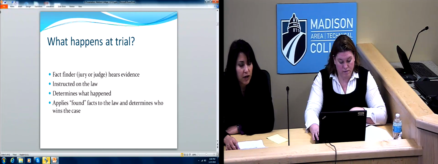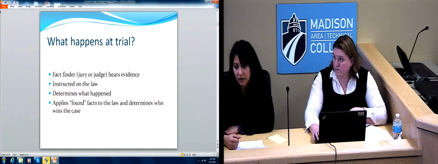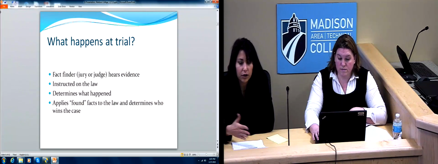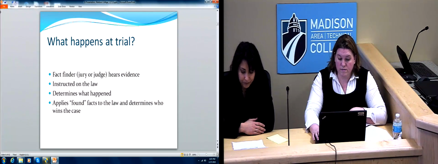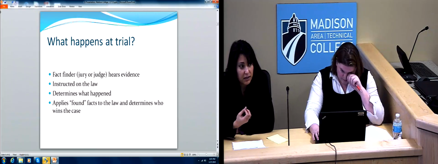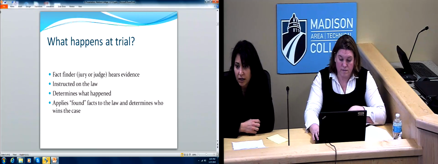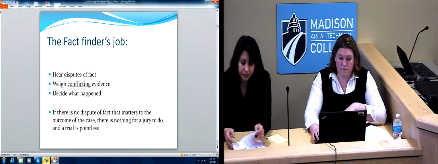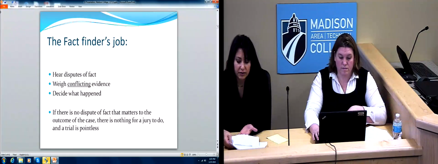If it's a bench trial where a judge is hearing the case, the judge is instructed on the law, usually in a brief that the lawyer submits to the court before or right after the evidence. The fact finder determines what happens and then applies those found facts, the facts that they find, to the law and decides who wins. So that's the fact finder's job.